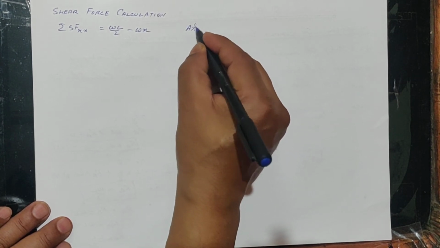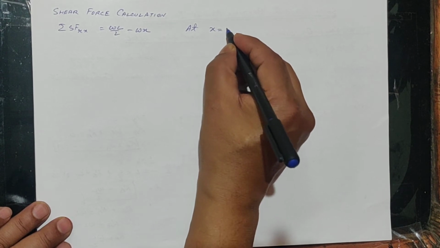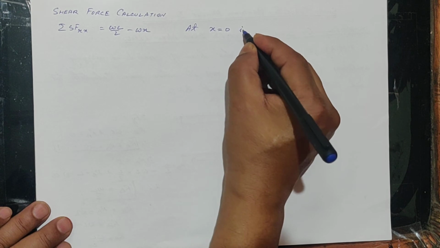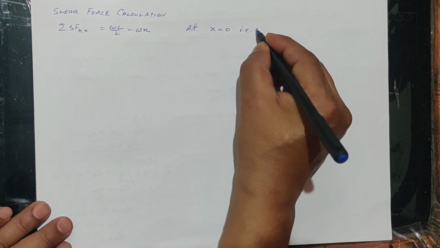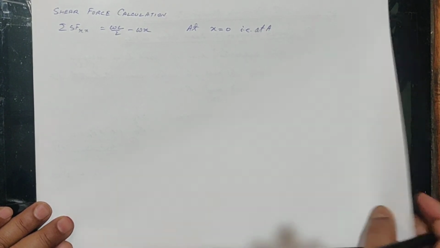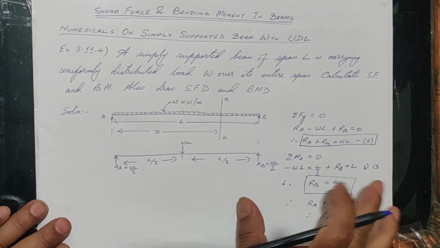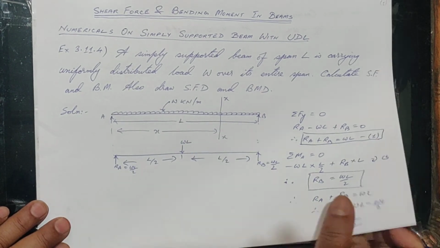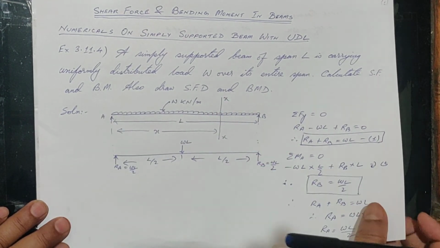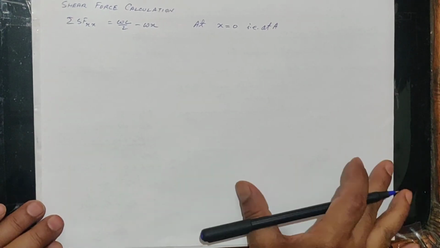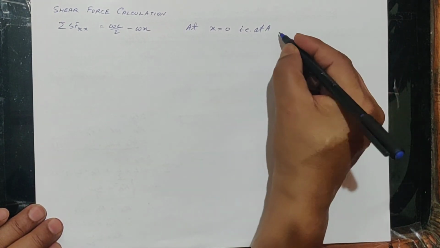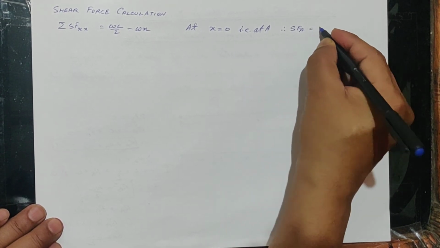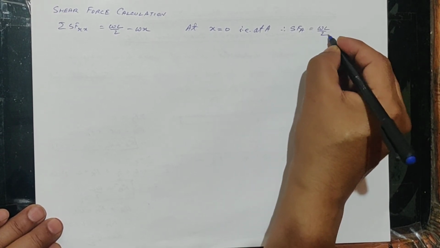Now at X is equal to 0, that is at A, if we are coming to A, then X becomes 0 because this section shifts over here. So therefore SF at A is equal to WL by 2 only.